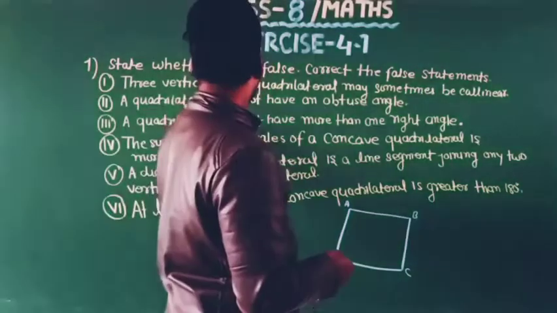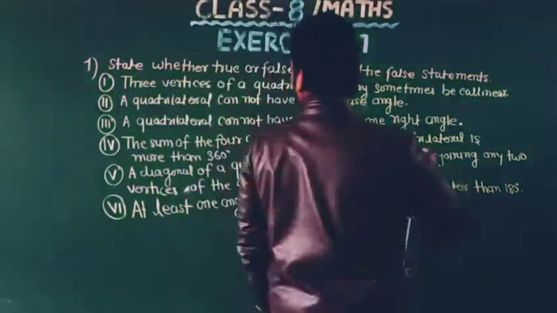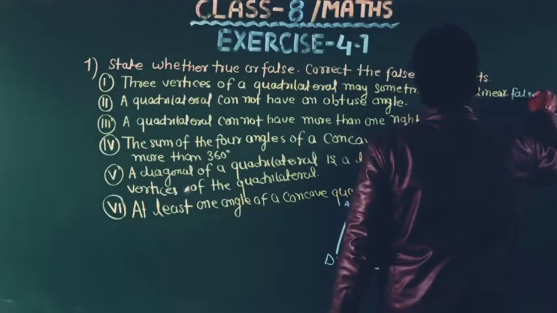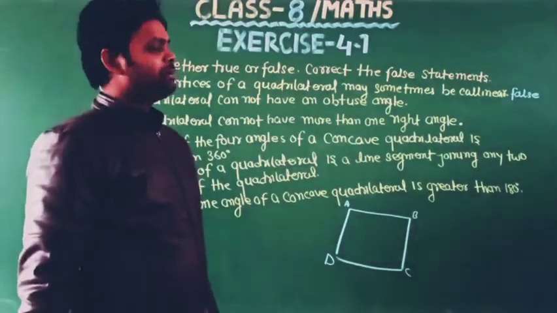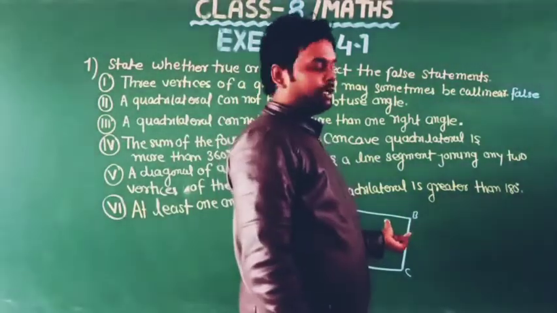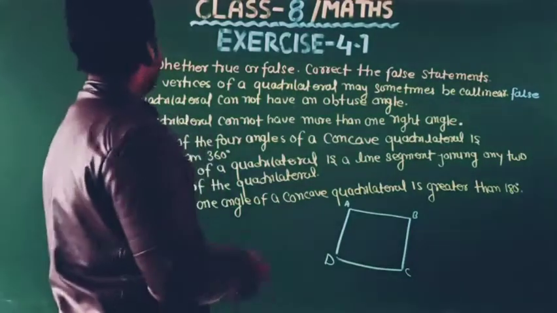So the given statement is false. Three vertices of a quadrilateral may never be collinear. Now move to the second statement.